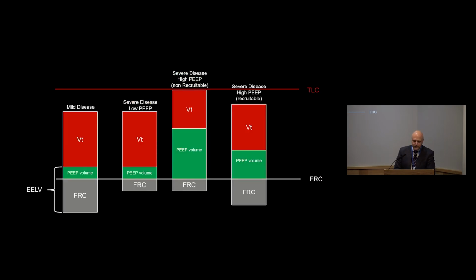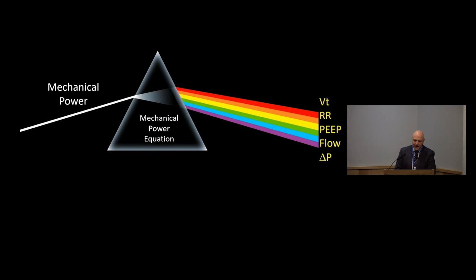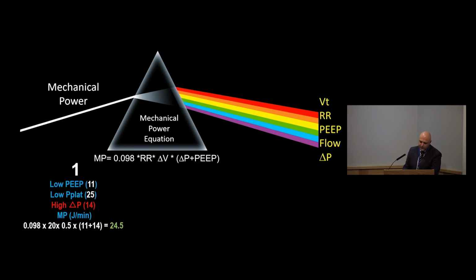But that's not the full story, because when we look at mechanical power, you can see one thing. If you take this mechanical power for pressure control ventilation, for example, you can see the element of PEEP is there. So let's give 2 examples. One example is a patient with low PEEP, 11, plateau is 25.